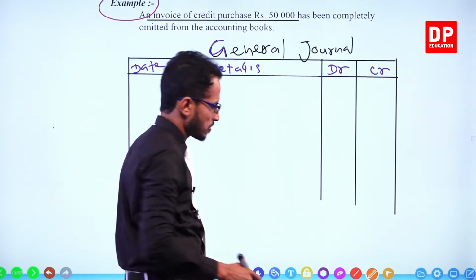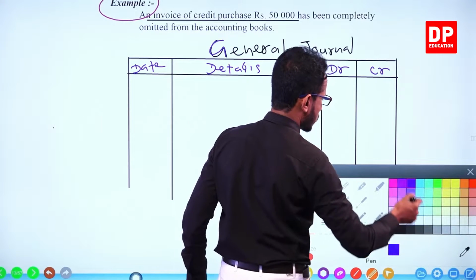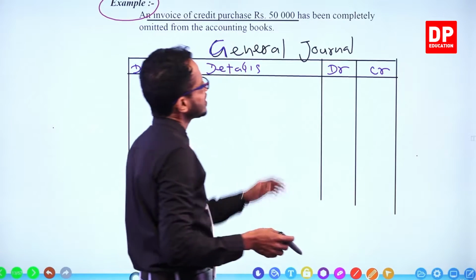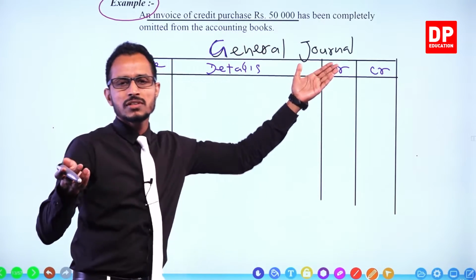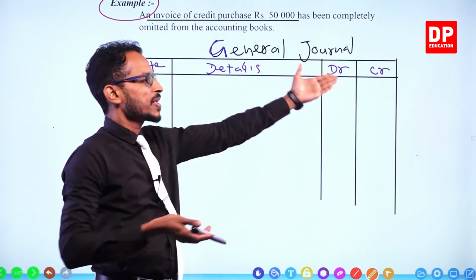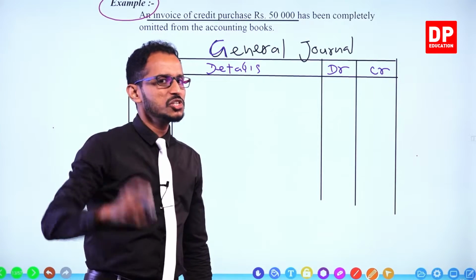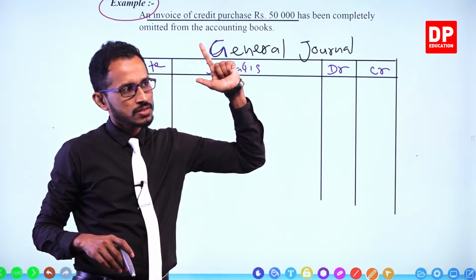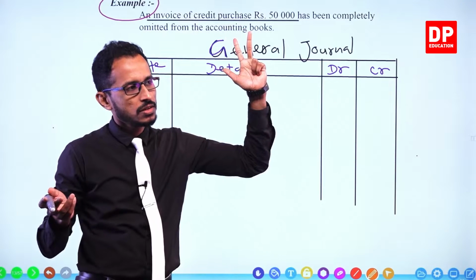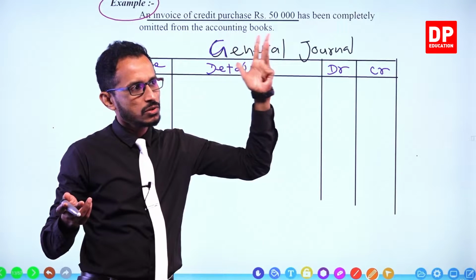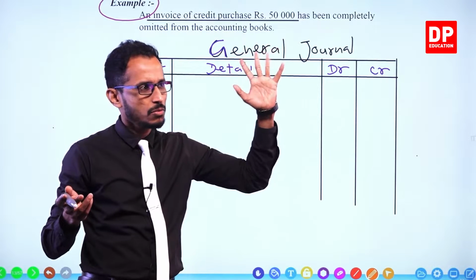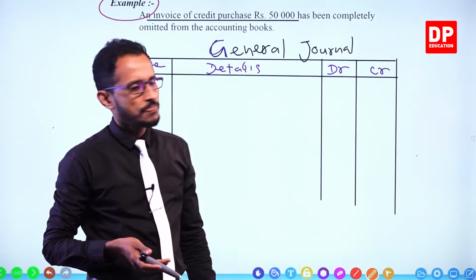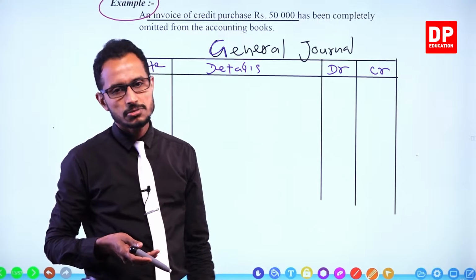Easy. We take the general journal. We must record these things somewhere. That is why we take the general journal, because we can't use other journals like the sales journal, purchases journal, the petty cash journal, or the cash book, or the bank book. Those are specialized journals. That's why we use this one, the garbage bin.